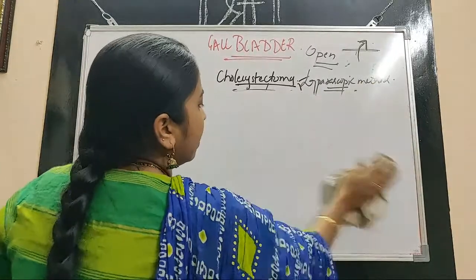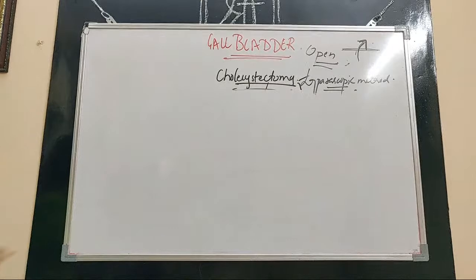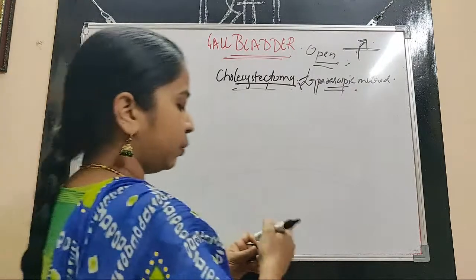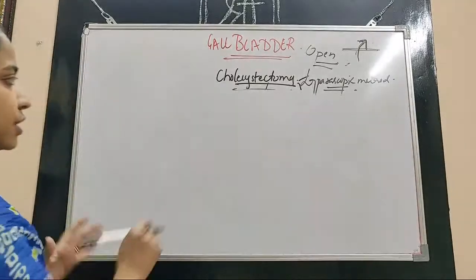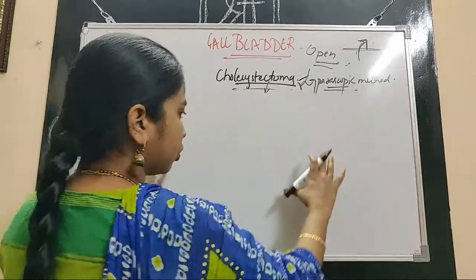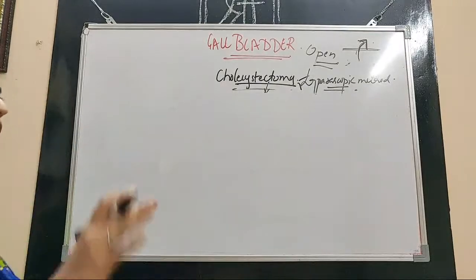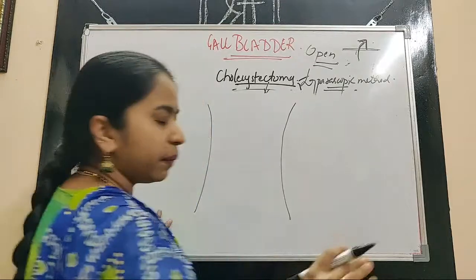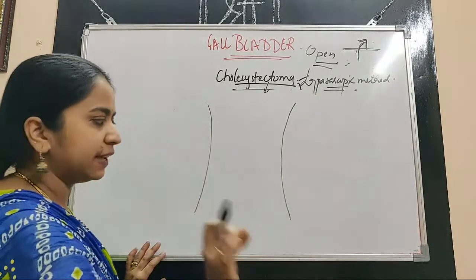Now, taken for instance, how the laparoscopic surgery will be started. Suppose for cholecystectomy itself, we are doing a laparoscopic technique on the abdominal cavity. First, they will create a small sleeve or port.